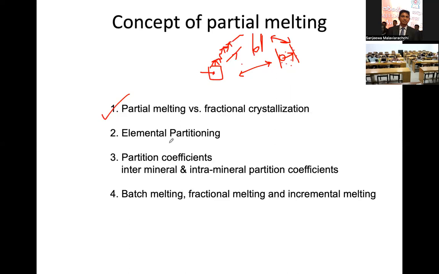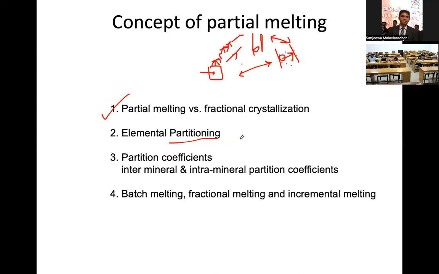Partitioning means the exchange of elements from solid to melt, or from melt to solid. So this can happen in both the residue and the melt during partial melting as well as fractional crystallization. During these two processes, elemental partitioning is happening.